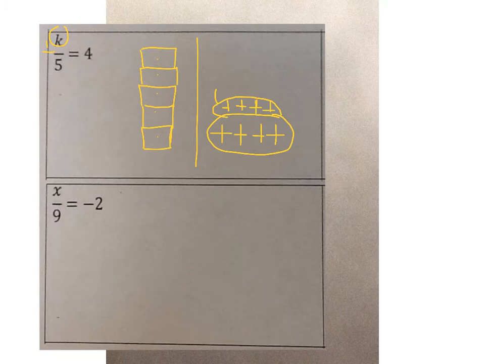So there's 2, there's 3, there's 4, and there's 5. So now 1 whole k is going to equal 5 times 4, which is 20.